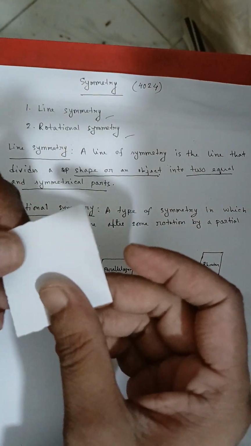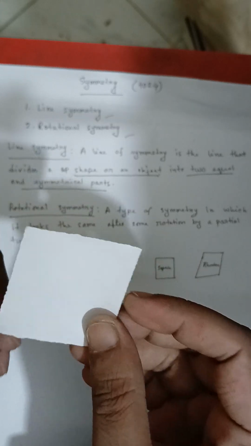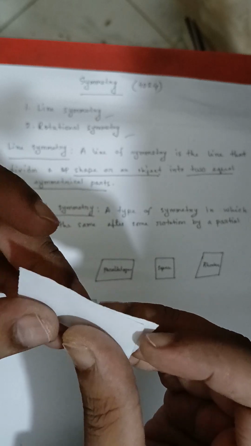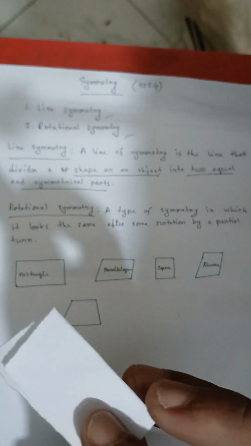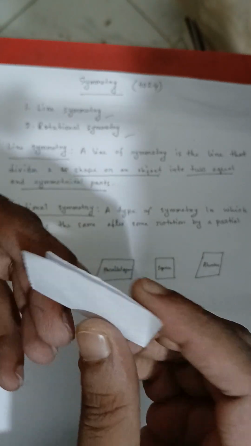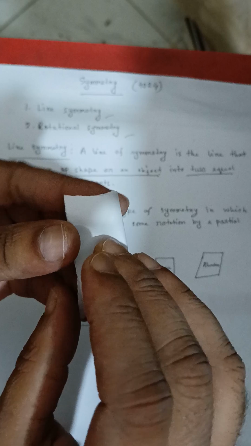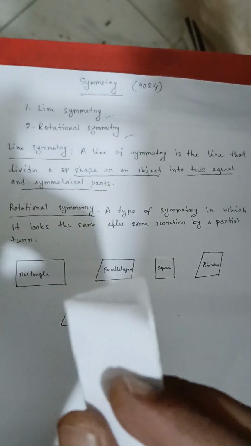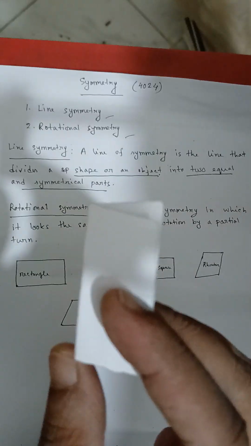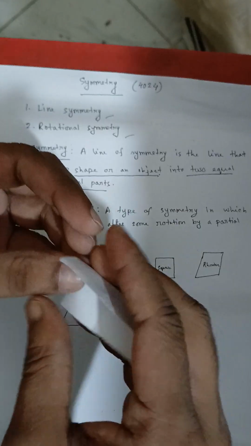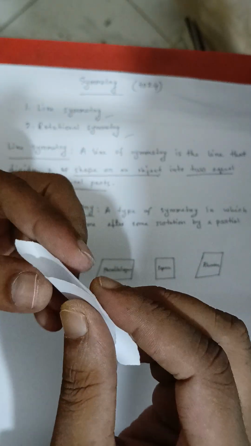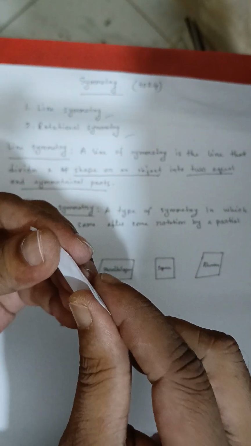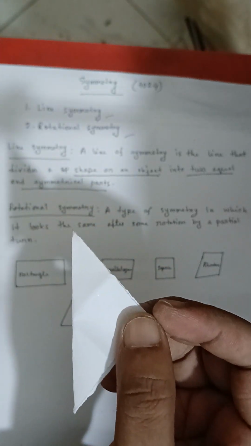If I take a rhombus, this is a rhombus. If I fold it that way, it does not match. If I fold it that way, it does not match. But if I fold it diagonally, then it will match exactly.